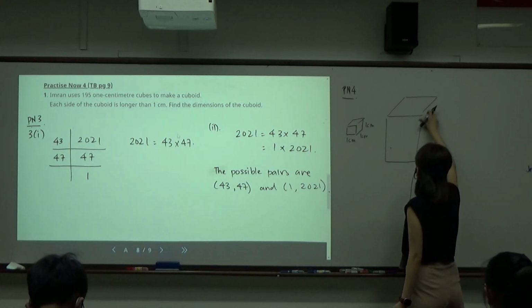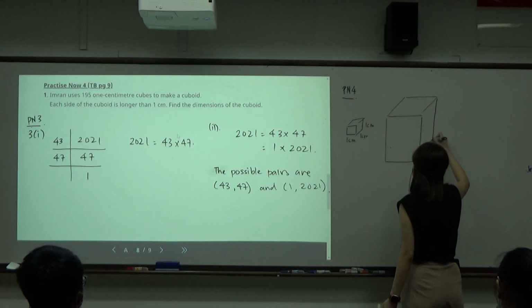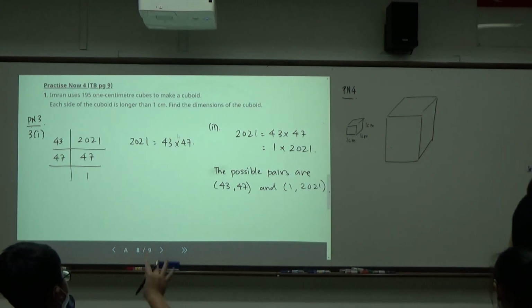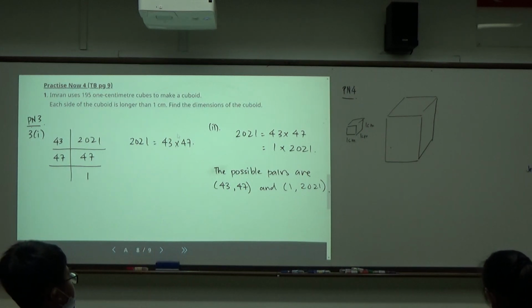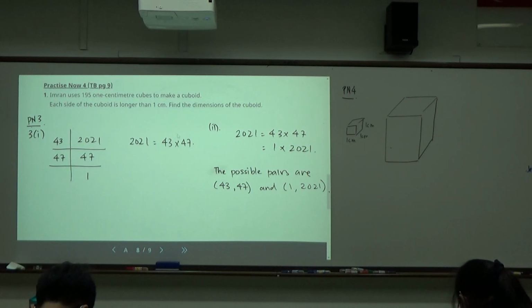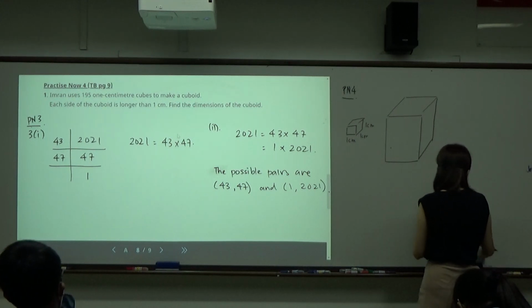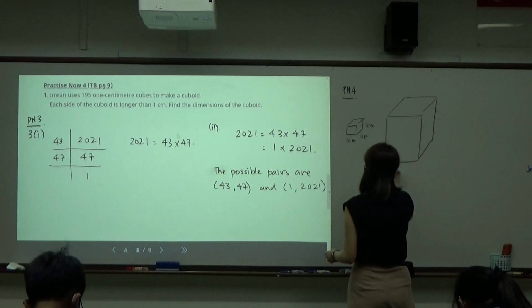Do you know what's a cuboid? A rectangle. Then what is a cuboid when it's a rectangle? A 3D rectangle. It's a 3D rectangle in some sense. So with this cuboid, the question says there are 195 of the 1-centimeter cubes. Each side of the cuboid is longer than 1 cm, so there is a condition to the size of this cuboid.